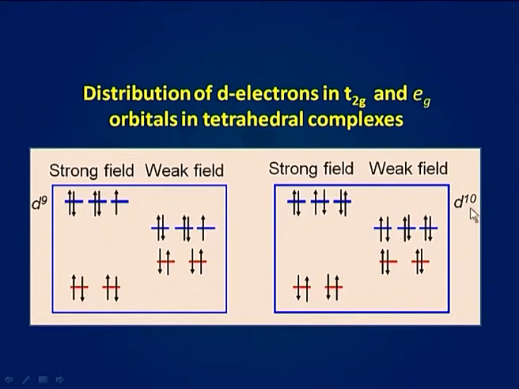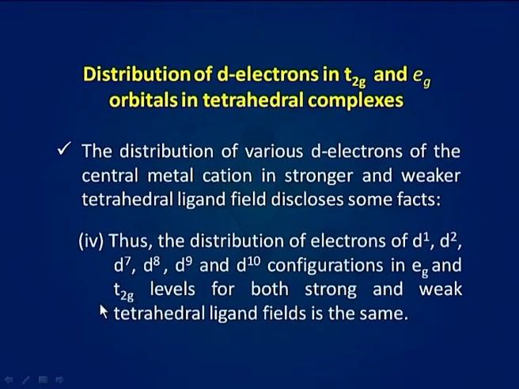Similarly, for D10 system, the electronic configuration in the influence of strong field and weak field is same, which is Eg4, T2G6 with no unpaired electrons. Thus, the distribution of electrons in D1, D2, D7, D8, D9 and D10 configurations in Eg and T2G levels for both strong and weak tetrahedral ligand fields is the same.